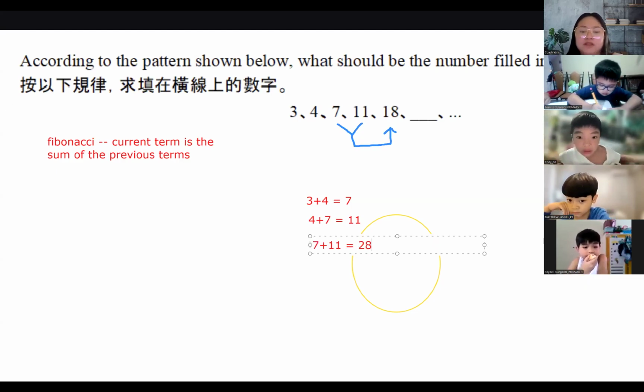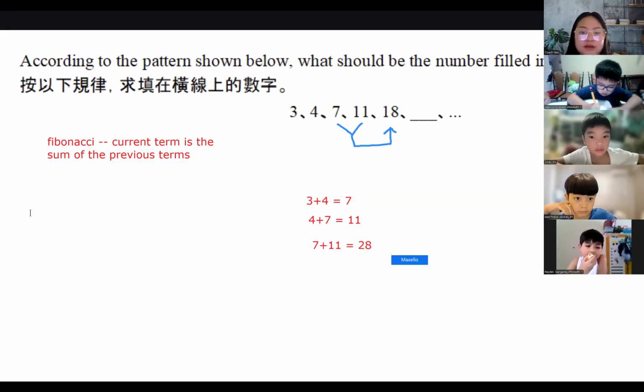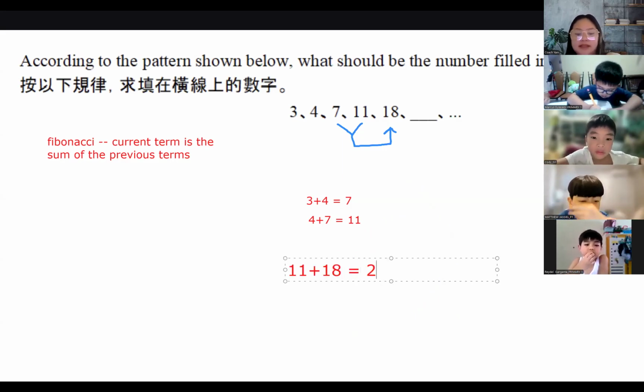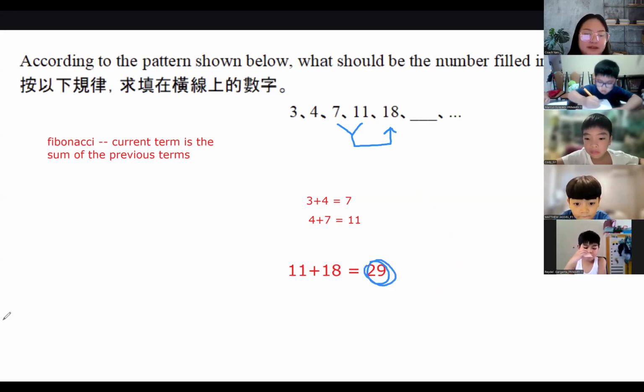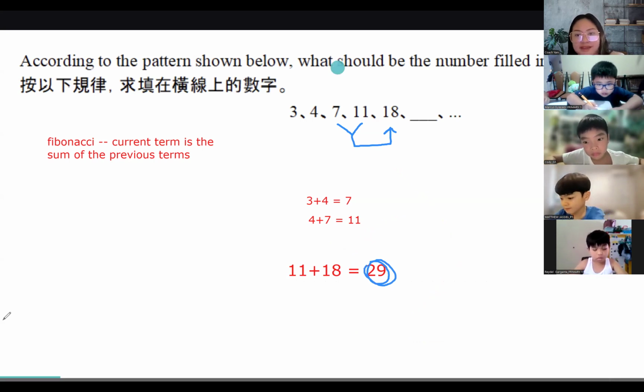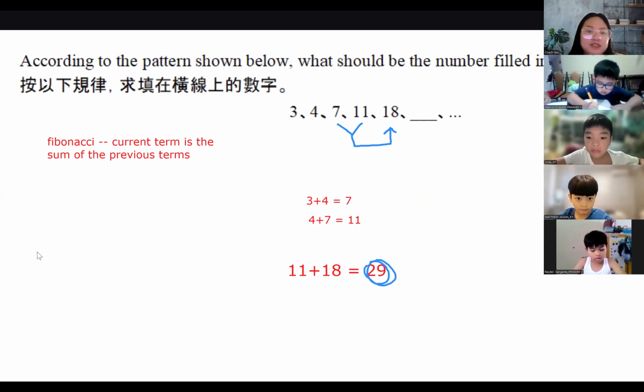Now, to get what you are looking for, you do 11 plus 18, and you get the answer 29. So that's the pattern. And that's the answer. You get it? No questions so far?